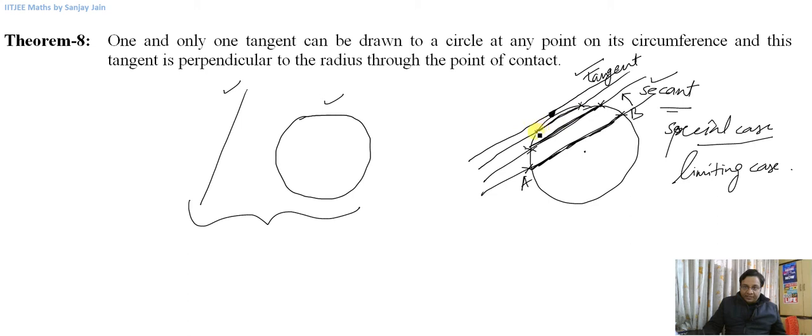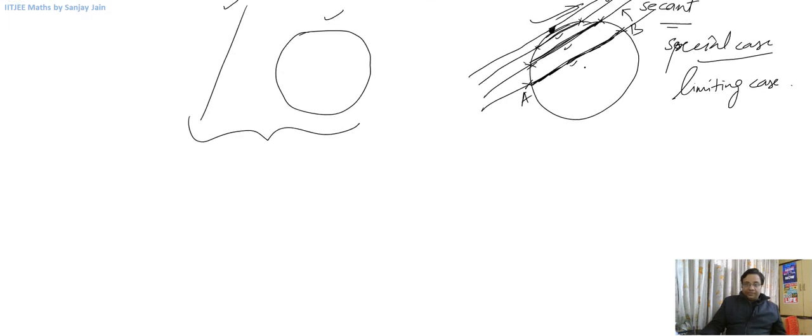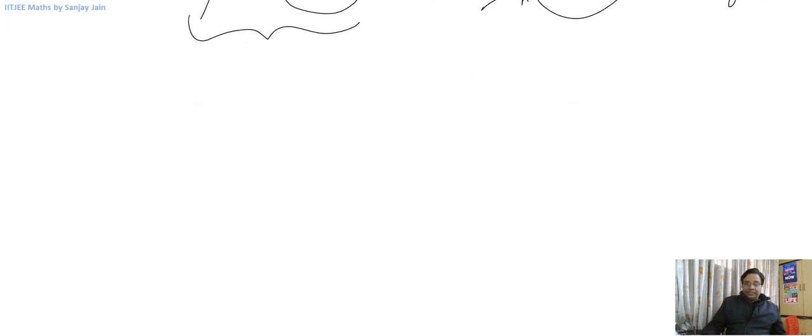When I reach this point, this gap vanishes. So this is the limiting case of a secant. Now this is a tangent. So I hope you are comfortable with these words, tangent and secant.